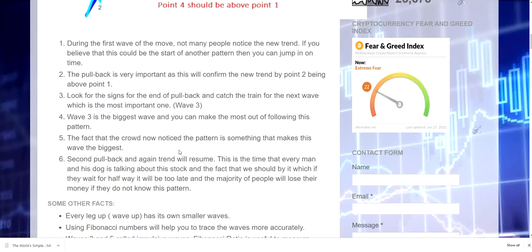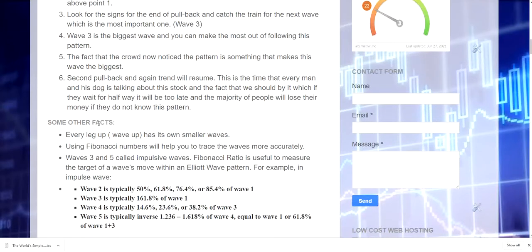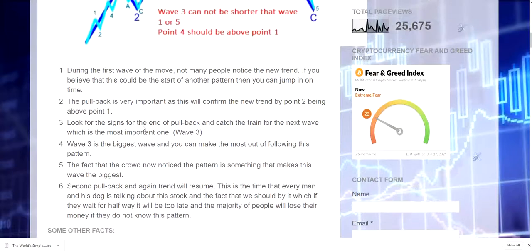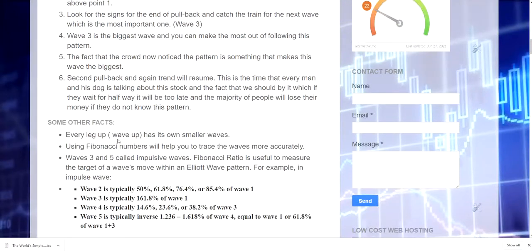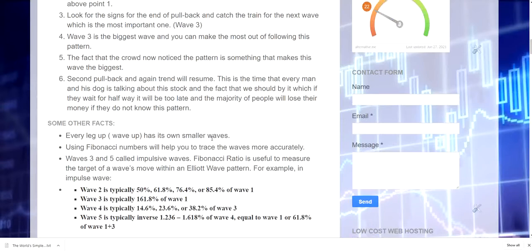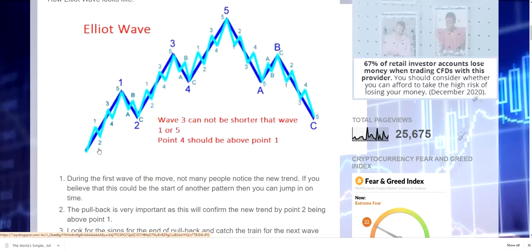There are some other facts. I shouldn't say facts, some other good points about Elliott wave charts. Every leg up, every wave up, has its own smaller waves. So if we are on wave 1, that wave 1 includes another 5 smaller waves.